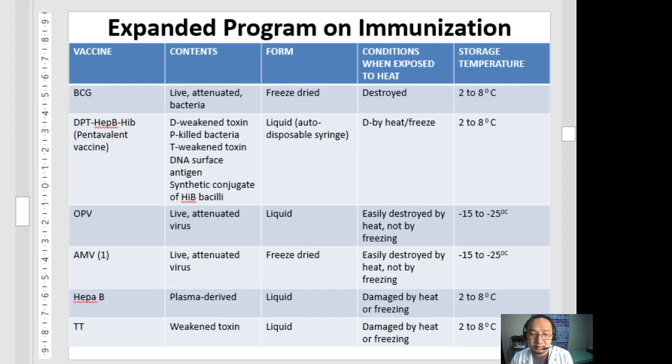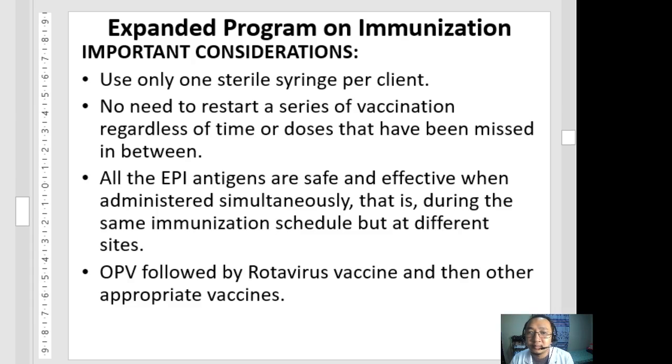Okay, so additional information, important considerations on these vaccines. Use only one sterile syringe per client. That is because these are invasive procedures, so safety is very important and a priority.